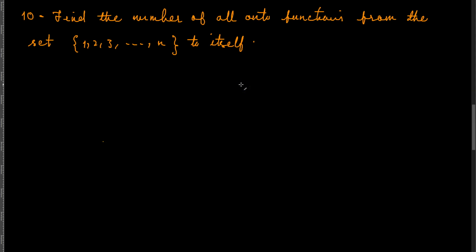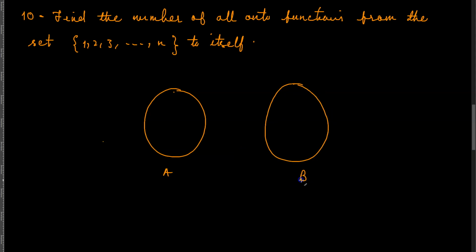basically a function, as you know, is basically if you have a set, for example, suppose that you have a set over here. This is some set A, for example, and this is some set B, and suppose that you have some elements over here and some elements over here.